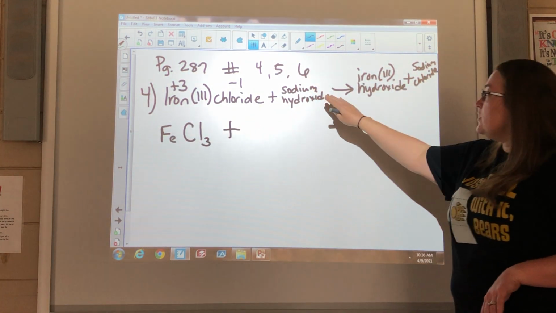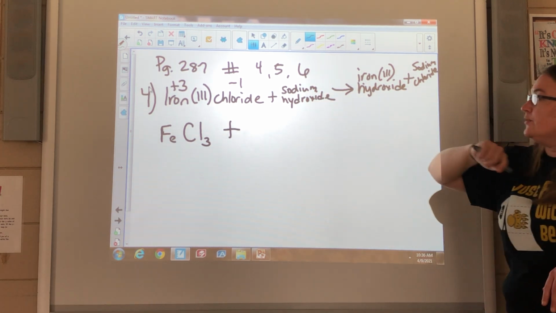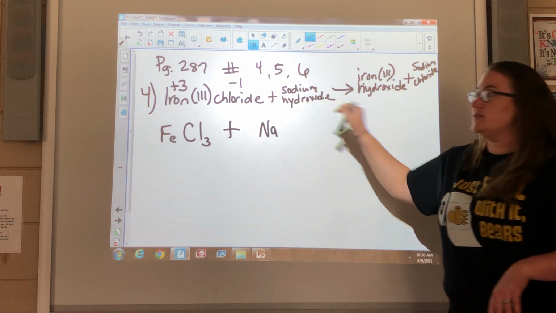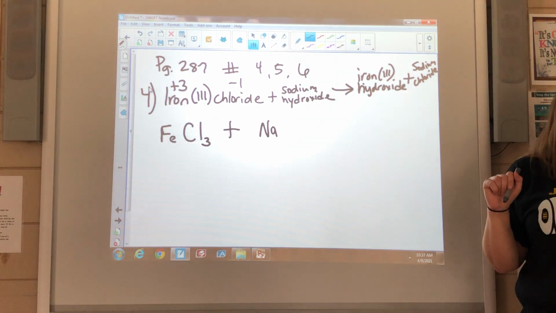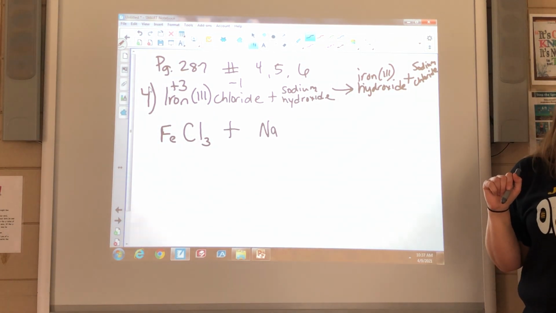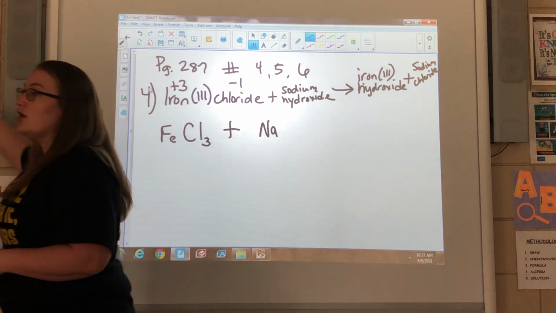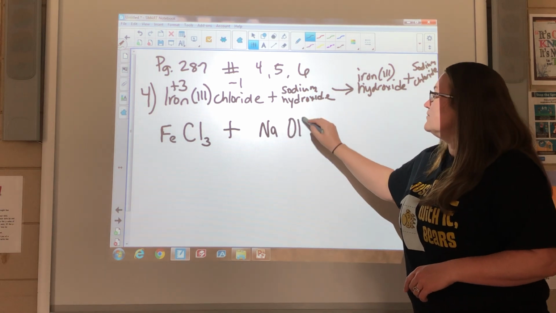Alright, sodium hydroxide. So I've got sodium. What's sodium's symbol? That's Na. Where do I find hydroxide? It's got oxygen and hydrogen, so it must be a polyatomic ion, and it is. If you look on your chart, you're going to see that hydroxide is OH.